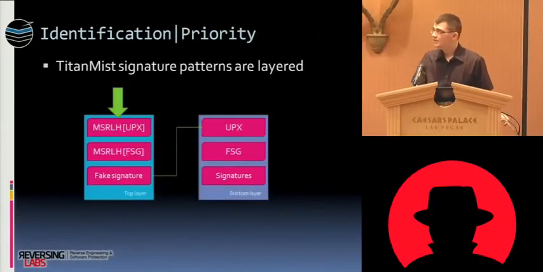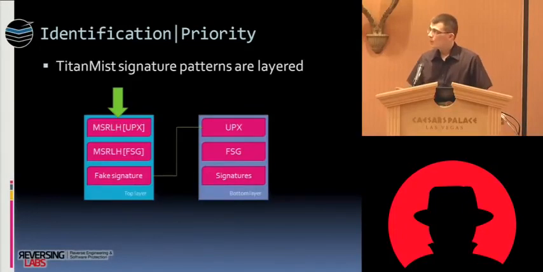Last but not least, we recognize the fact that there are some packers out there that can sign the file falsely. We have this packer, which is called MSRLH, and it has an option of inserting fake signatures for basic formats such as UPX and FSG.